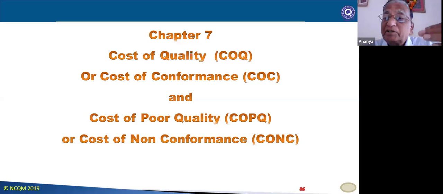Whereas in service industry, like say hospitality or in a hospital or in a bank, many things are intangible. People say we cannot measure, that is not possible. Now everything has to be measured. Nowadays we are doing customer satisfaction surveys for that only. Even tangible things have to be converted into intangible and intangible into tangible and measured. So let us talk about what you mean by cost of quality, cost of conformance, cost of poor quality, and cost of non-conformance.